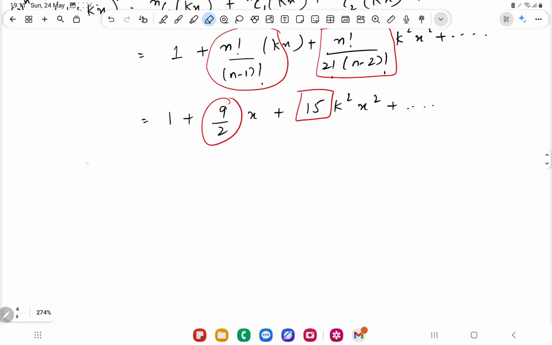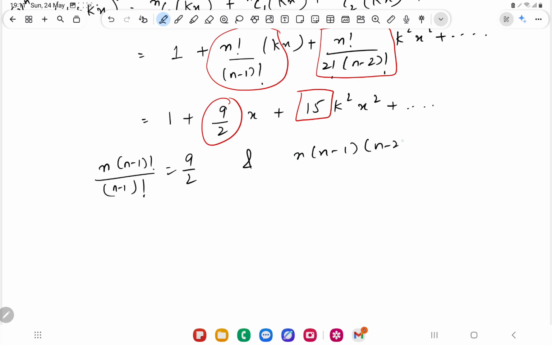Now I can write these. If I want to first expand, it will be n into n minus 1 factorial upon n minus 1 factorial, that is equal to 9 by 2, and n minus 1, n minus 2 divided by 2 factorial is 2 only, n minus 2 factorial is 15. So this will get cancelled out. Oh, there was a k also.